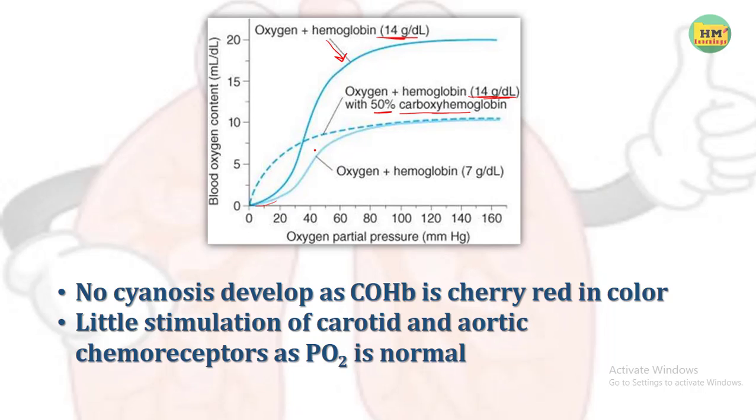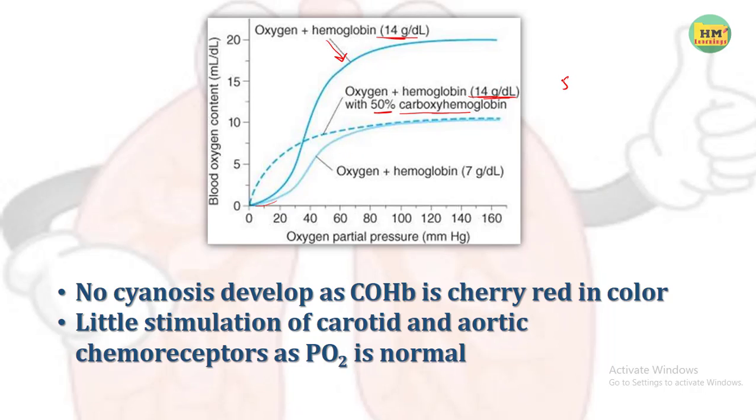Okay, why? Because the carboxyhemoglobin has shifted the curve towards the left, and when the oxygen dissociation curve shifts towards the left, it means that there is an increase in the affinity of the hemoglobin for the oxygen. So when there is an increase in the affinity, hemoglobin will not be able to release the oxygen to the tissues.